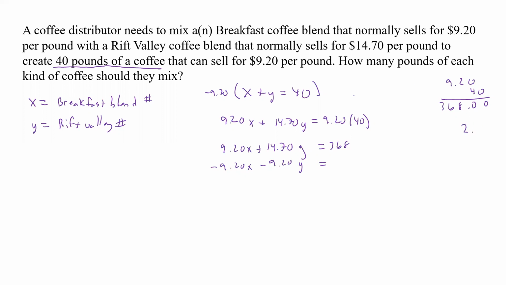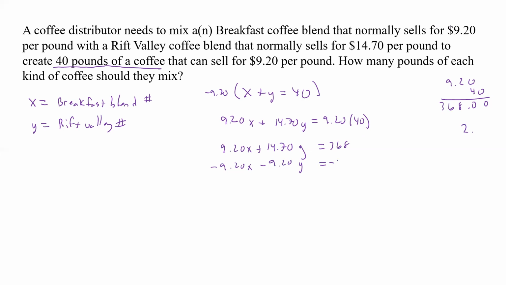Now I'm going to take 9.2 times 40. Well, I just did that, so it's interesting. It's going to be a negative, okay, let me see here. What am I doing wrong? 9.20 plus that. Oh, so it's 9.20 here and it's 9.20 here.